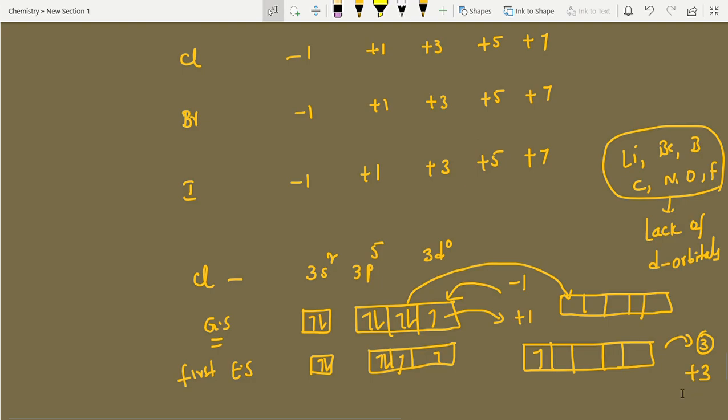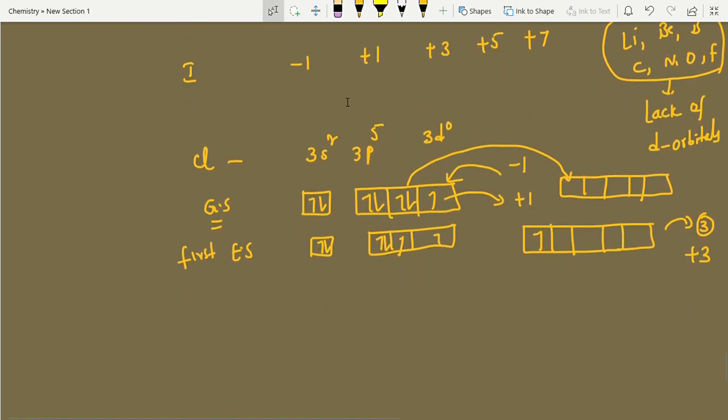Second excited state means this electron jumps here. This paired electron jumps.